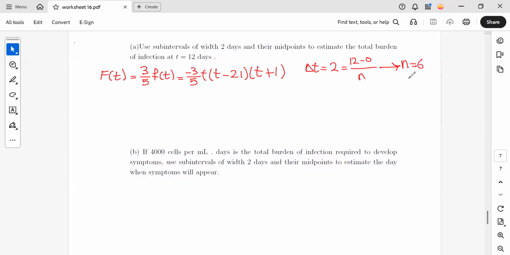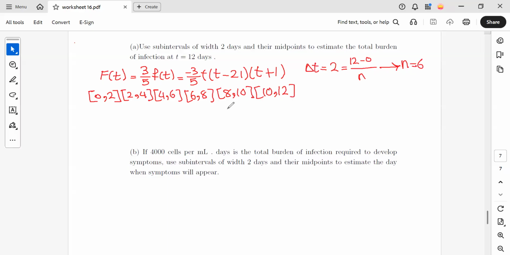Now, having n and having delta t, we have the intervals. It starts from 0, and adding delta t to it, it will be the first interval. The next ones will be 2 and 4, 4 and 6, 6 and 8, 8 and 10, and the last one, 10 and 12.